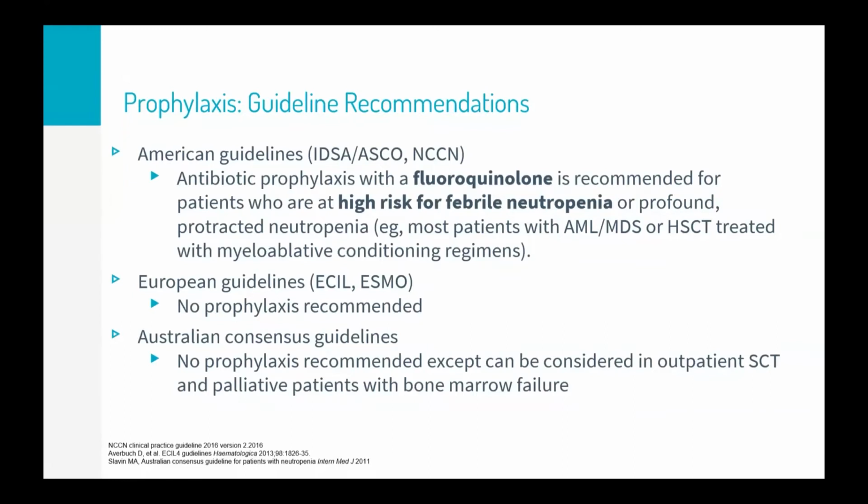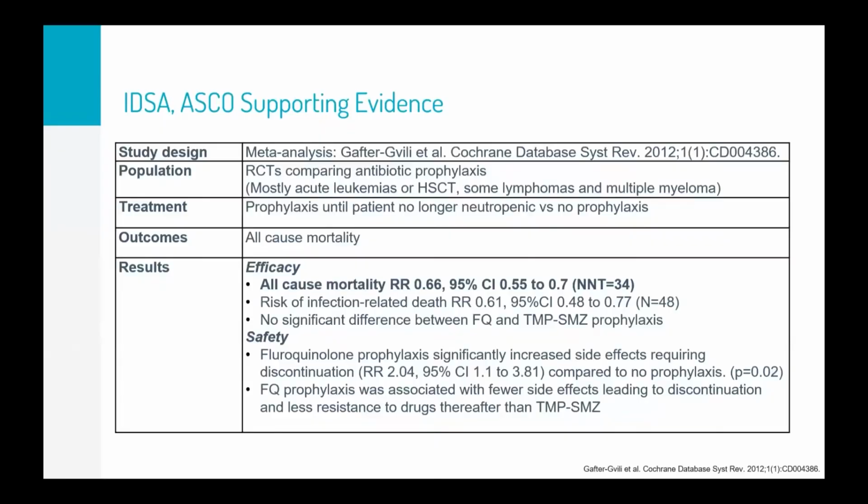So since our guideline changed recommendations based on this meta-analysis by Gafter-Golvey, and it is the difference between the guidelines, I dug into that one a little bit more. Their primary outcome was all-cause mortality at 30 days of follow-up or at the end of each study.